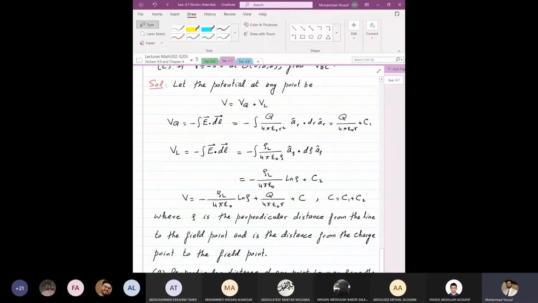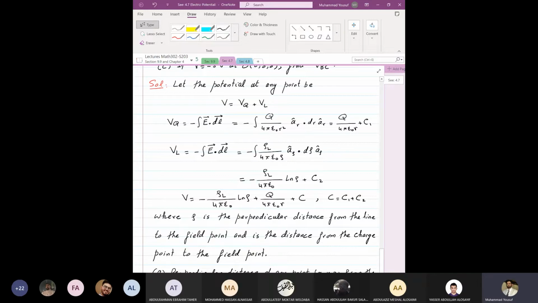Here we are, which is equal to Q over 4 pi epsilon naught r plus C1. This is how we get the formula V equal to Q over 4 pi epsilon r. This is the formula we used before. And C1 is a constant of integration. You can ignore this if you want, because when we have definite points, if this is for an indefinite integral, when there is a definite integral, this constant will be 0. So this is for the point charge.